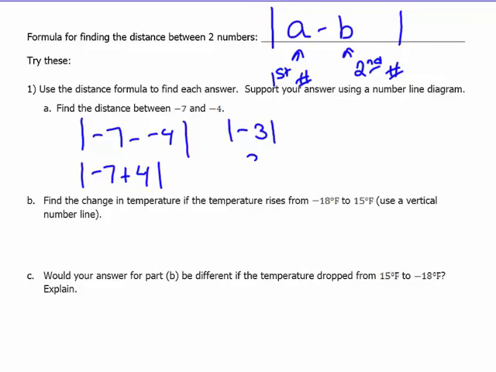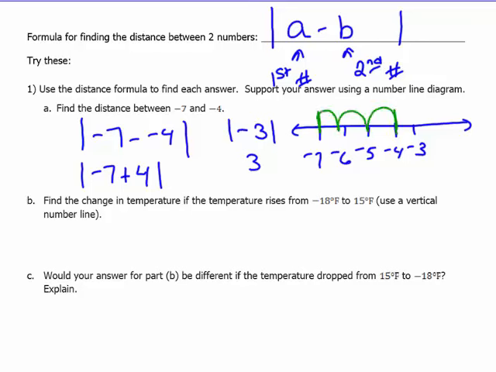The absolute value of negative 3 is 3. If I look at a number line, I'm going to do negative 3, negative 4, negative 5, negative 6, negative 7. Here's negative 4, here's negative 7. How many spaces? 1, 2, 3. 3 spaces away. Okay?